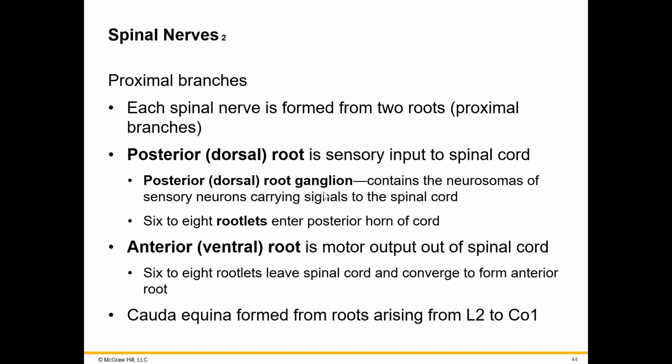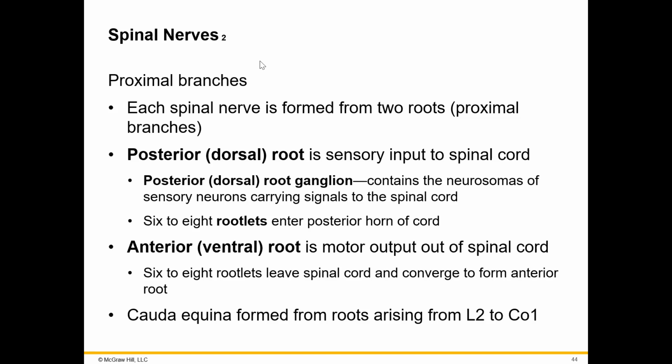We said that the posterior dorsal root is important for reception of sensory input. It contains cell bodies of sensory neurons carrying signals to the spinal cord. There are 6 to 8 rootlets that enter the posterior horn of the cord. There's an anterior ventral root, which is motor output out of the spinal cord.